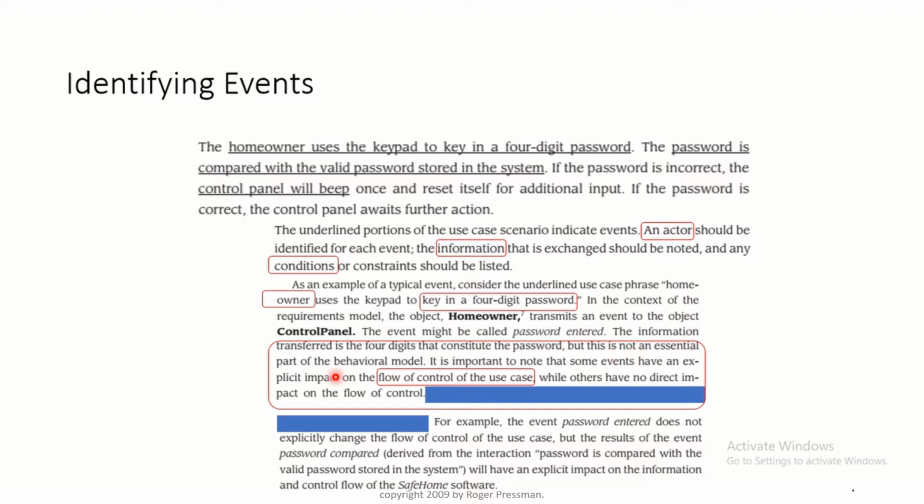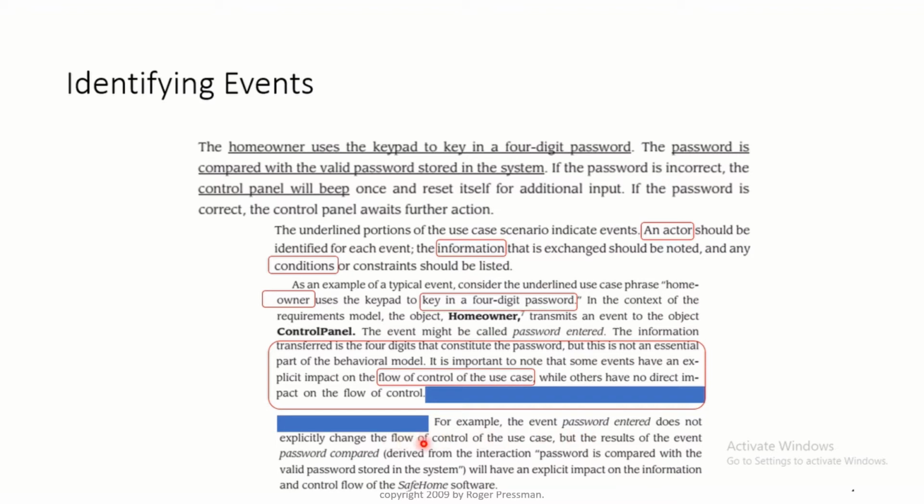Also you can notice that some of the events have an explicit impact on the flow of control of the use case, while others have no direct impact on the flow of control. For example, the event password entered does not change the flow of control of the use case; you just have to enter the password.